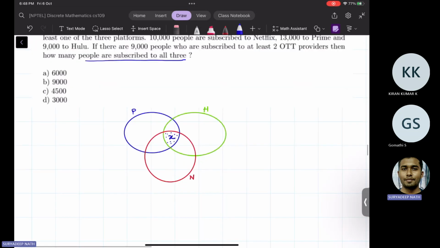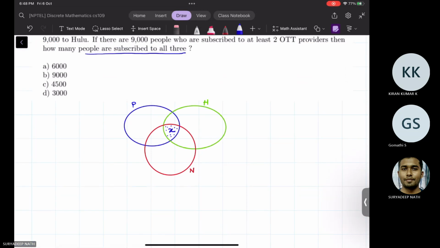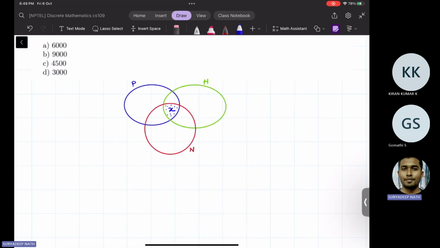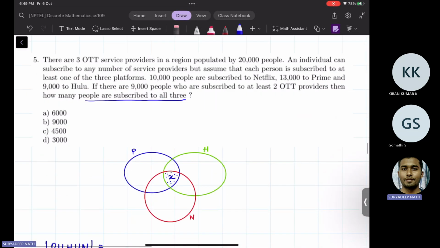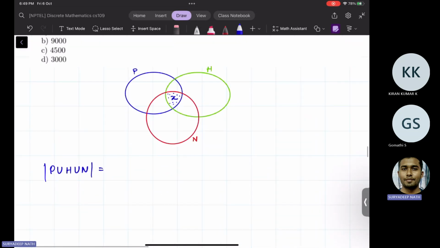What we know is the union of P, H, N is equal to 20,000, because every person is subscribed to at least one. So the whole union would include all the people in that region. So that is 20,000.